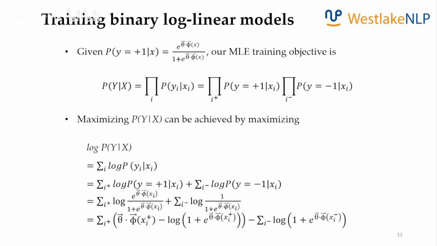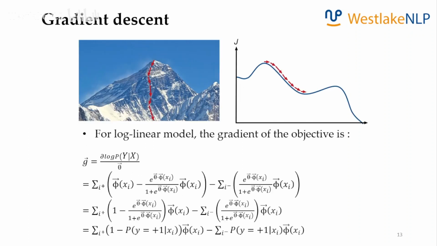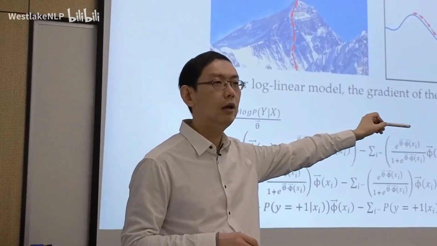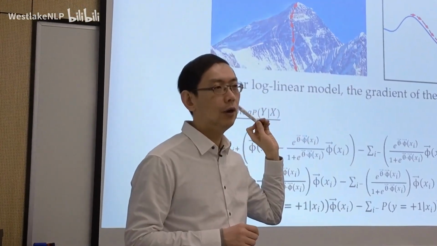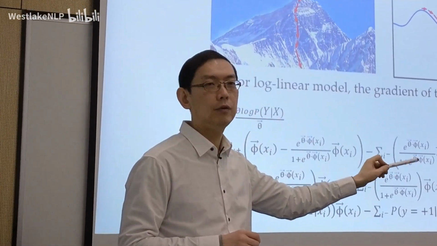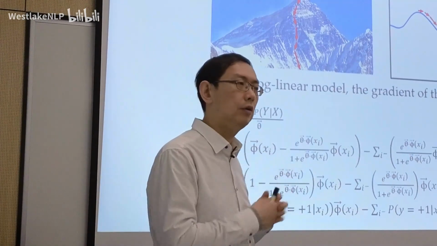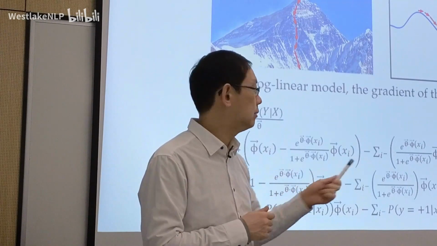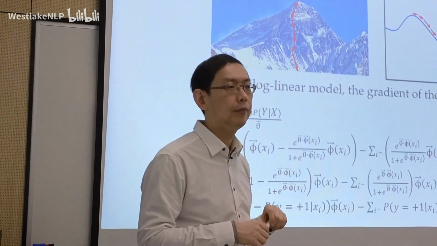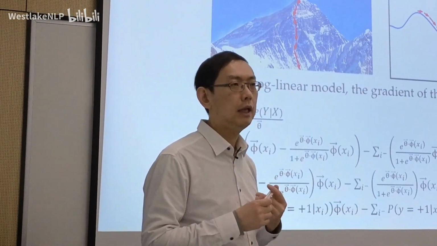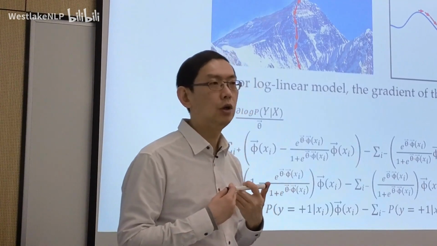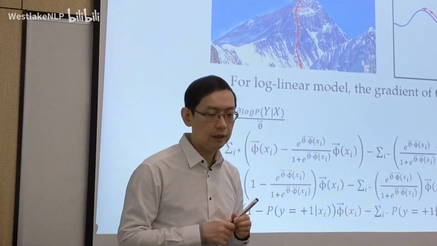It's called gradient descent. You have an objective function, a goal to optimize, which is the log likelihood, and you know the derivative of that with respect to your model parameter. You want to adjust your model parameter to maximize its value. But it doesn't have a closed form solution. So you use gradient descent.